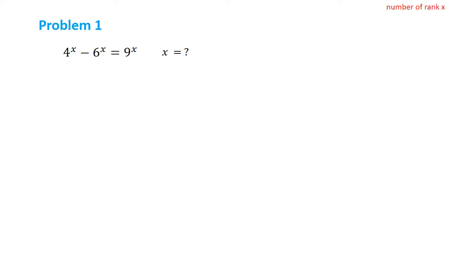From the equation 4 to the power of x minus 6 to the power of x equals 9 to the power of x.